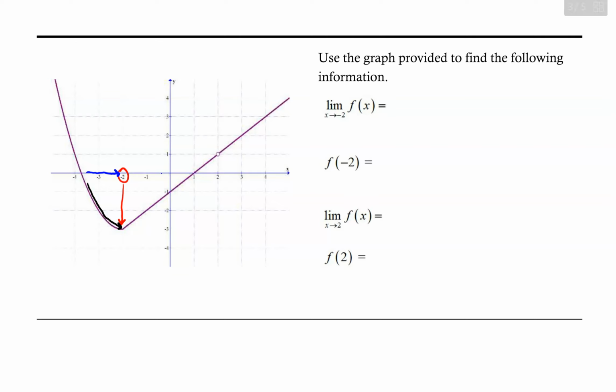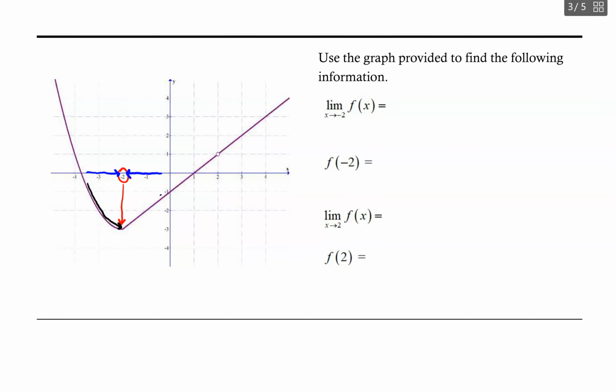So this time our x values are decreasing as we approach negative 2. And what we're interested in is what happens to our function values as those x values decrease towards negative 2.